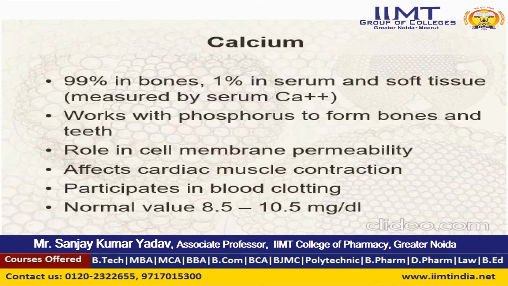Suppose calcium is less in our system. Before we discuss, you can simply see in our PPT, calcium is 99% in our bones and 1% in our system and soft tissues. So you can imagine how much calcium is required in our body fluids to maintain calcium.